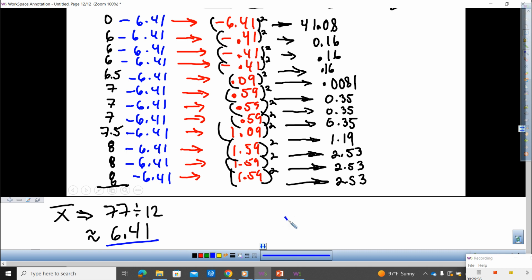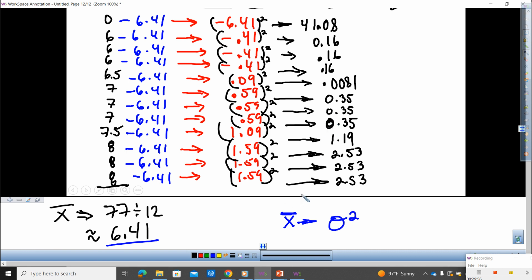Yeah, again, we need a new mean, yes? What is that called? Our new mean is going to be our standard deviation squared, yes? All right. So add those up. Somebody give me the sum first.